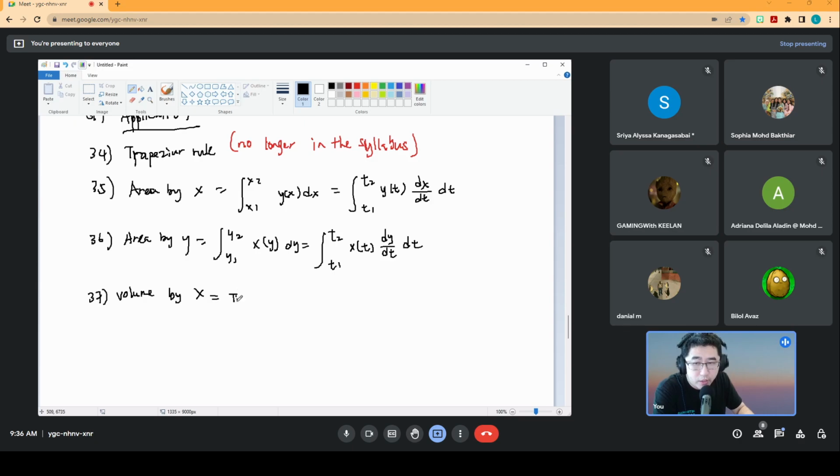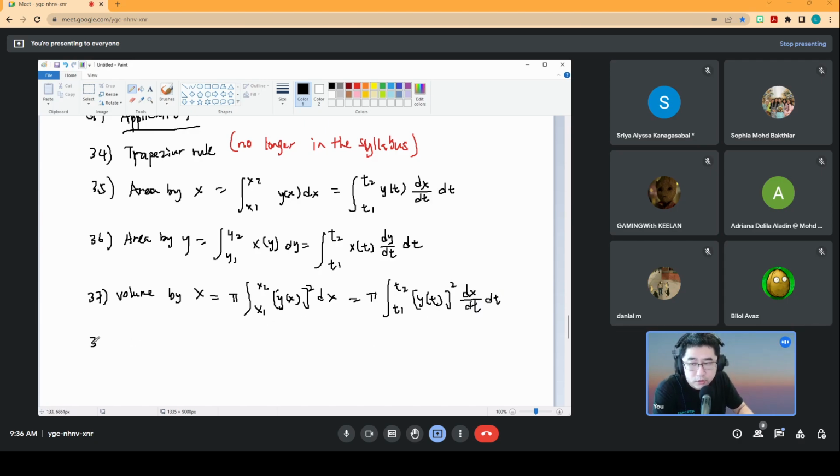So we have pi times the integral from x1 to x2 of y in terms of x, squared, dx, or in the parametric form, pi times the integral from t1 to t2 of y in terms of t, the whole thing squared, dx/dt dt.